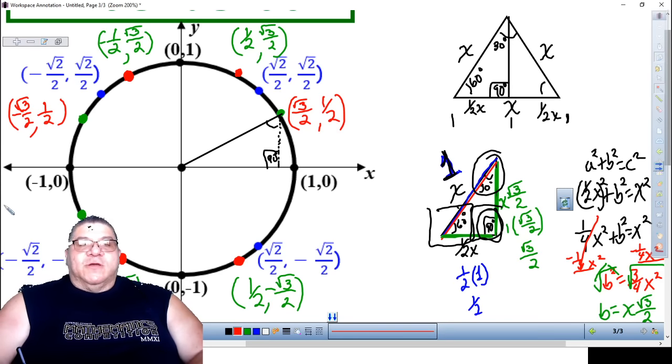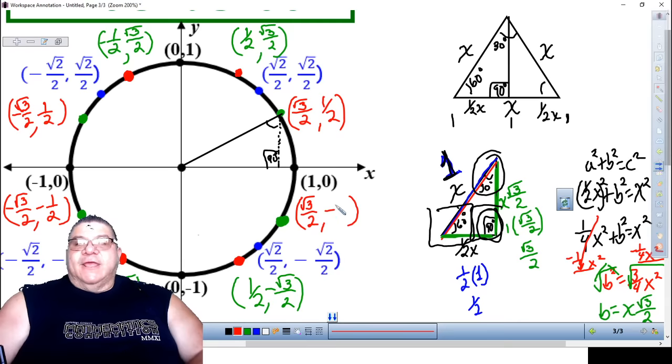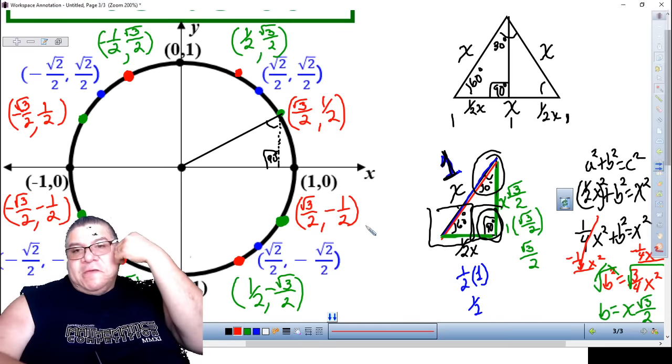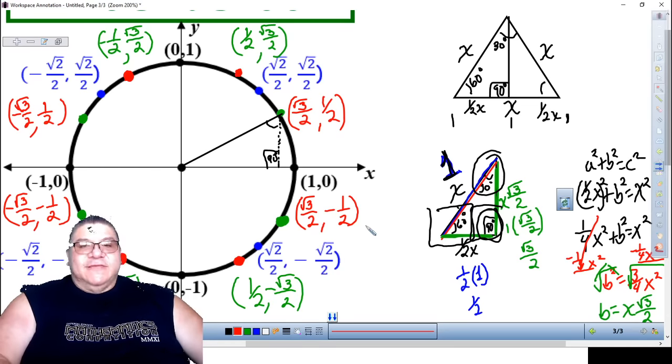Alright, now we're on the negative side of both values, so it's negative square root of 3 over 2 and negative 1/2. And if I reflect it over here, that one is positive square root of 3 over 2 and negative 1/2. Look how pretty that looks. Yeah, let's go. Copy that.